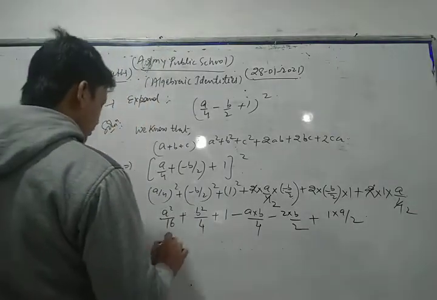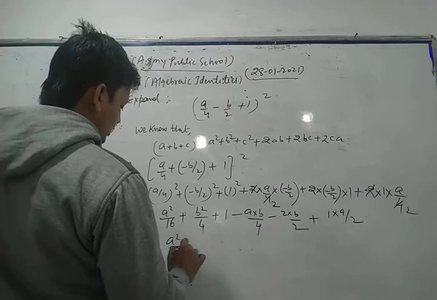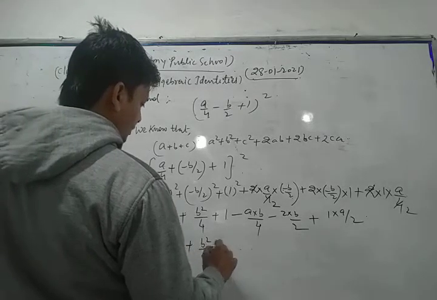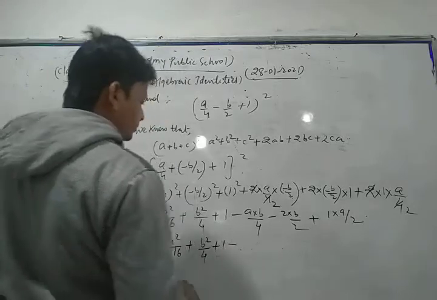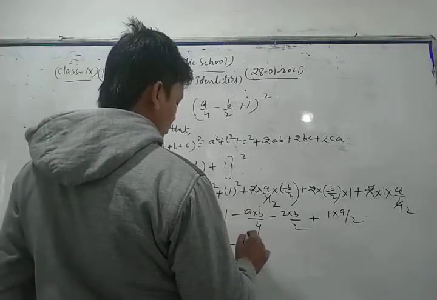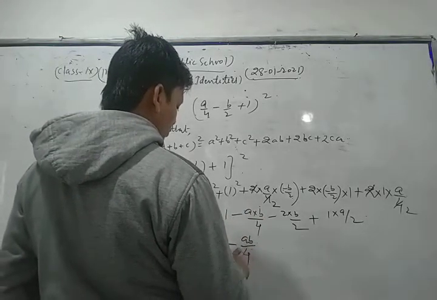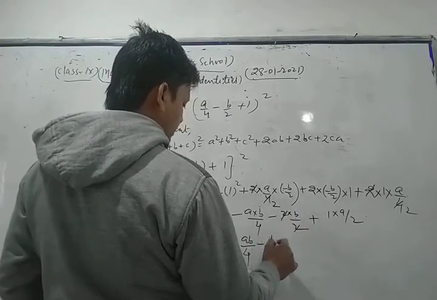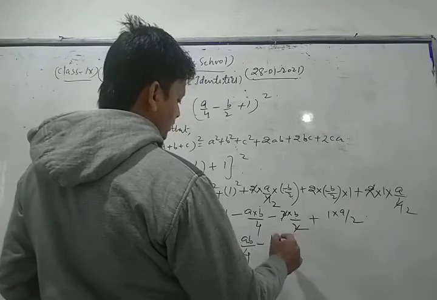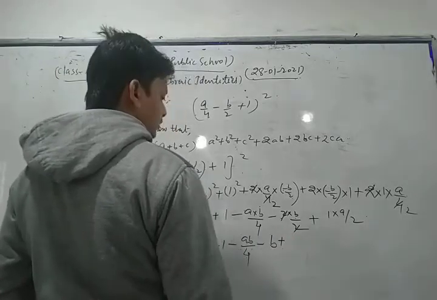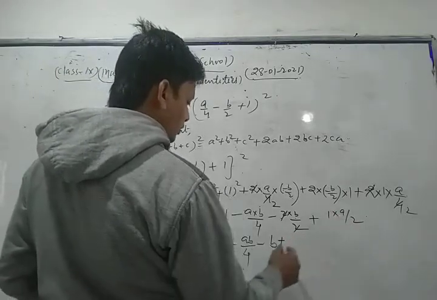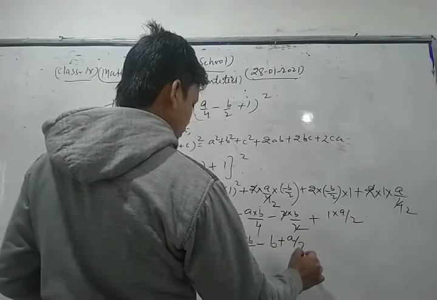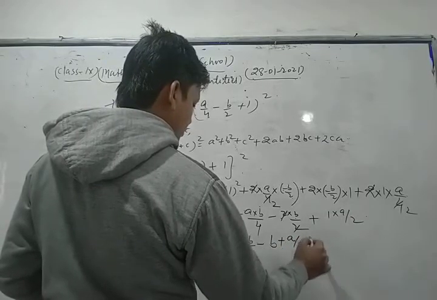So we have a square by 16 plus b square by 4 plus 1 minus ab upon 4. Okay, minus 2b, the 2s cancel each other, so minus b as it is, plus a upon 2.